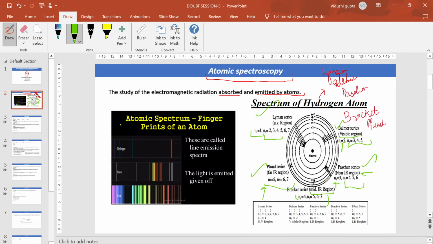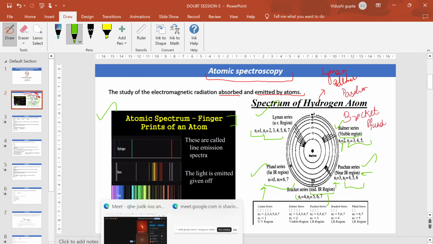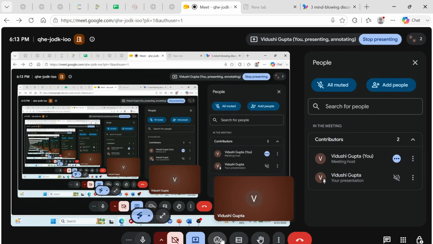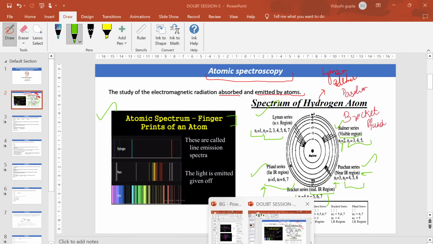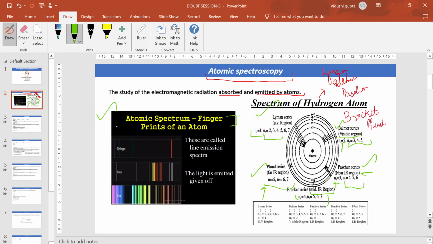On the left hand side you are seeing the atomic spectrum. The atomic spectrum is also called the fingerprint of an atom. Why? Can anyone tell why? Because here you see the atomic spectra of hydrogen, neon and iron, and the atomic spectra are different for all three atoms.